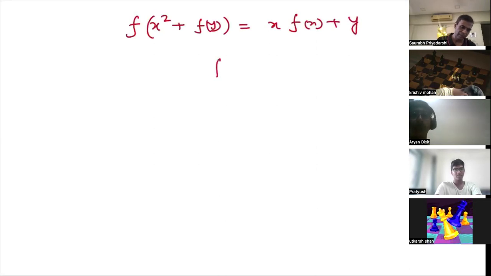But this time it's going from natural numbers including 0. Find such a function.